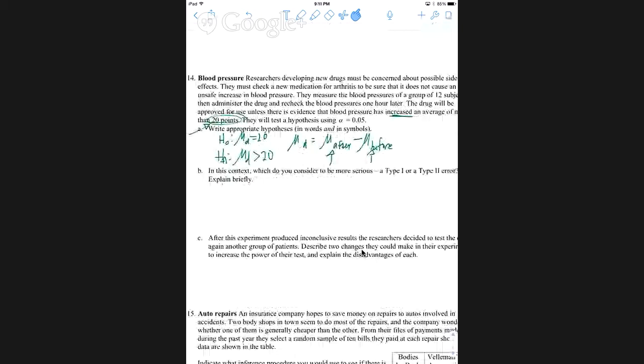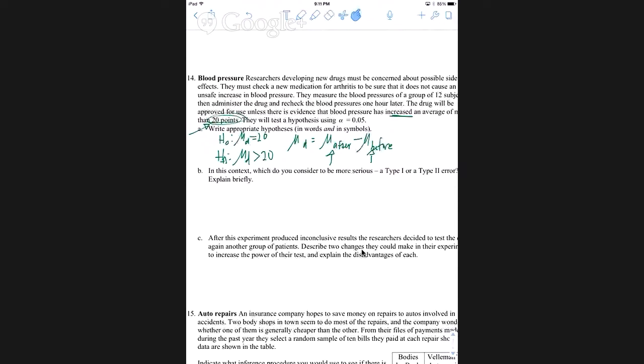If the null hypothesis was true, no, the null hypothesis was false, and we failed to reject it, right? So, I'm sorry, the null hypothesis is true, but we reject it.